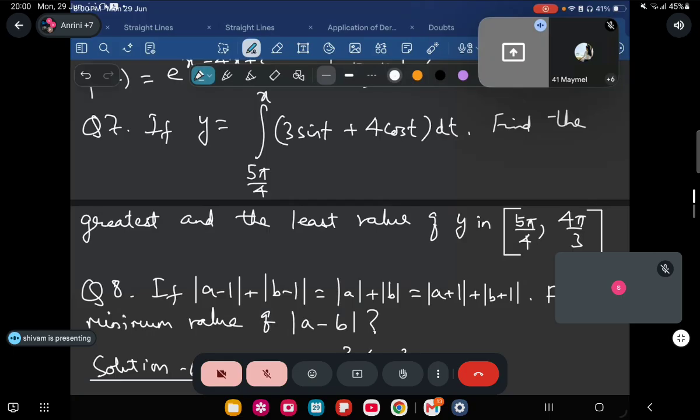You can score easy 4 marks. No, I think you are making some calculation mistake, Raktim. Mimel, check your answer again.